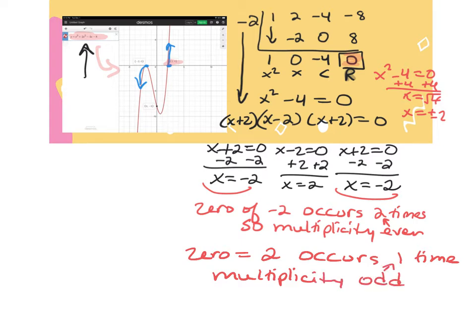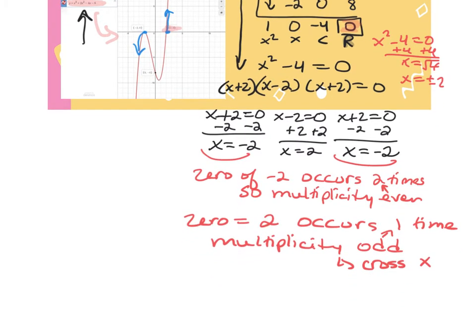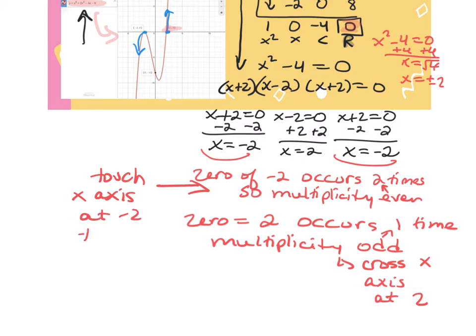Now, the reason why I want to identify multiplicity, remember when it's odd, it's going to cross the x-axis at +2. But for this one, when it's the even multiplicity, it's going to touch the x-axis at -2, and then it's going to turn around or turn away.